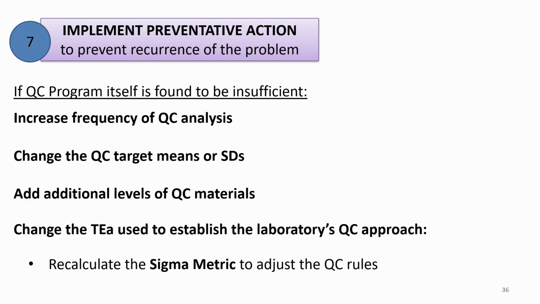You can change the QC target mean or target standard deviations. You can add additional levels of QC materials. All of these will help improve the sensitivity of your QC program. And you can also use the allowable total error goals to establish your lab's QC approach. Dr. Nichols is going to talk about the sigma metrics in context of allowable total error and how you can use this to adjust your QC rules.